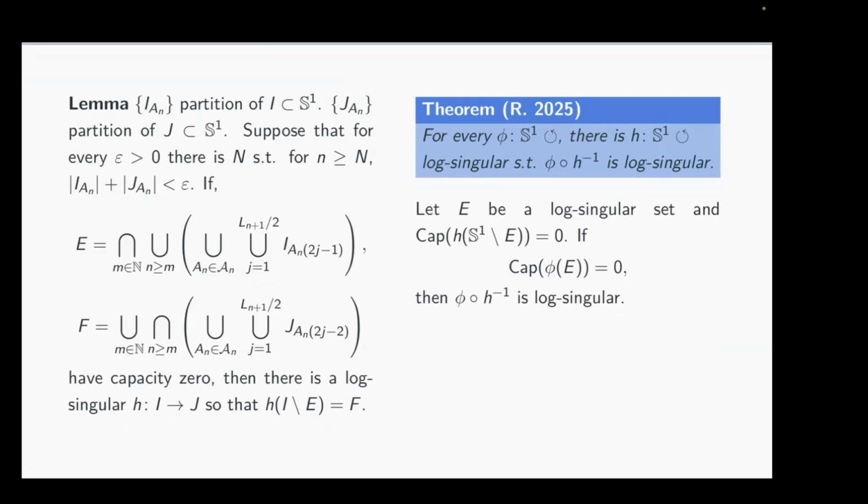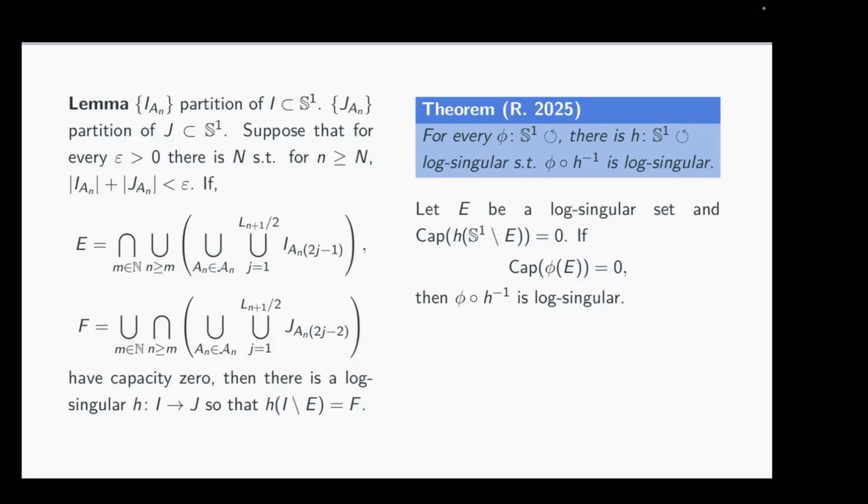So if we need to decompose a bifolder map, then we can do so by taking any log singular map. And if we want to emulate what works there, what we would like is to find a log singular set E, and a log singular map associated to it, so that the image under our given homeomorphism of this set also has capacity 0.